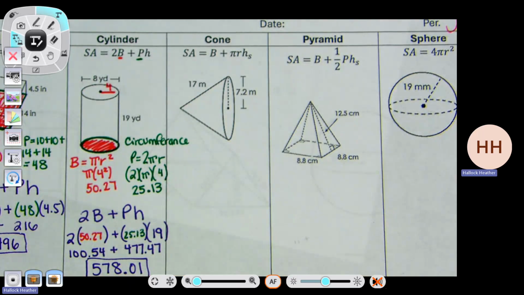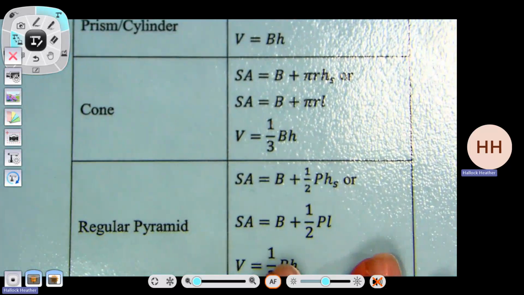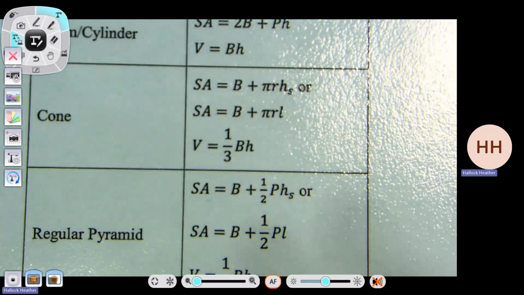If you look at your blue sheet, there's multiple options here and it throws off people. So if you look at your cone, you have one volume formula, which is 1/3 big B H, which we've been using. Now we're doing surface area. If you look at these formulas on your blue sheet, B is the same, plus sign is the same, pi is the same, R is the same, and then you have an L, or you have an H with a little s.